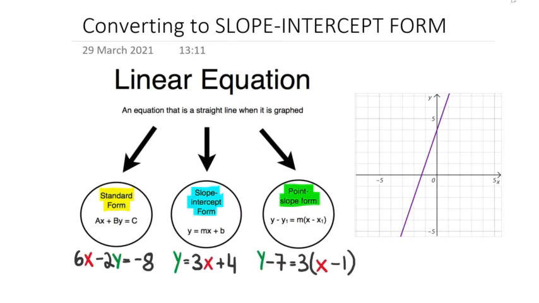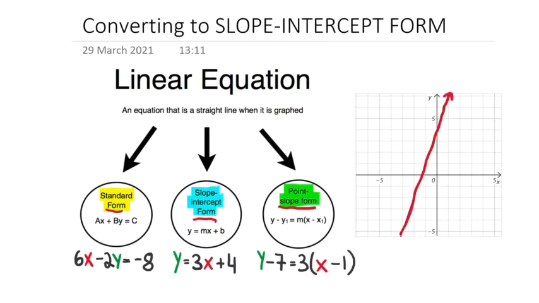The purpose of this video is to show you how we will be converting to slope-intercept form. As we have been discussing in class, all three forms, standard form, slope-intercept form, and point-slope form, are the same equation and the same line when graphed.